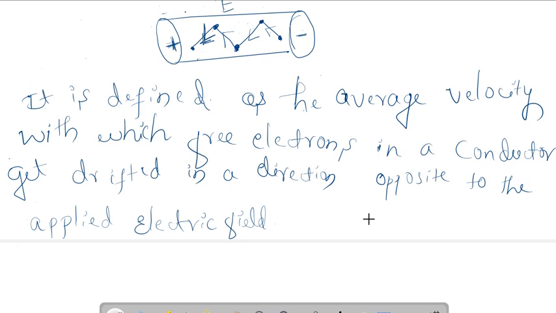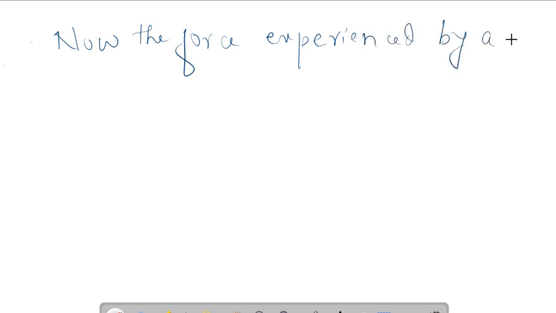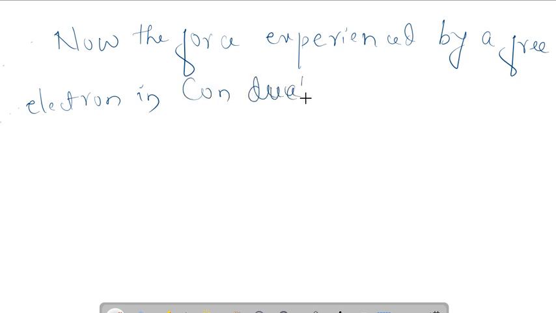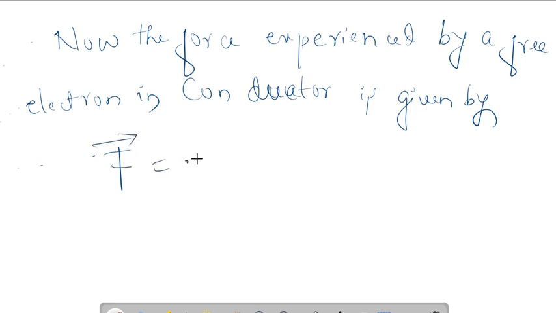Therefore, the force experienced by a free electron in a conductor is given by F bar equals minus e E bar.